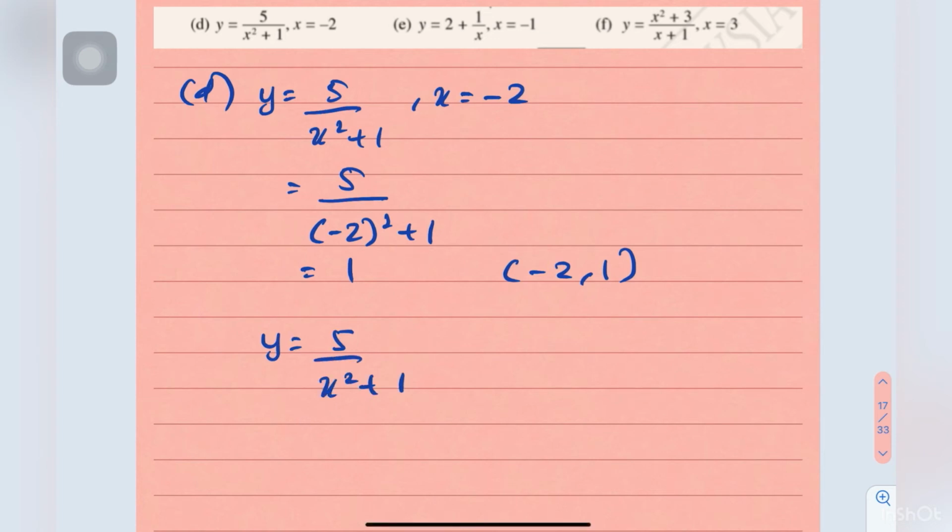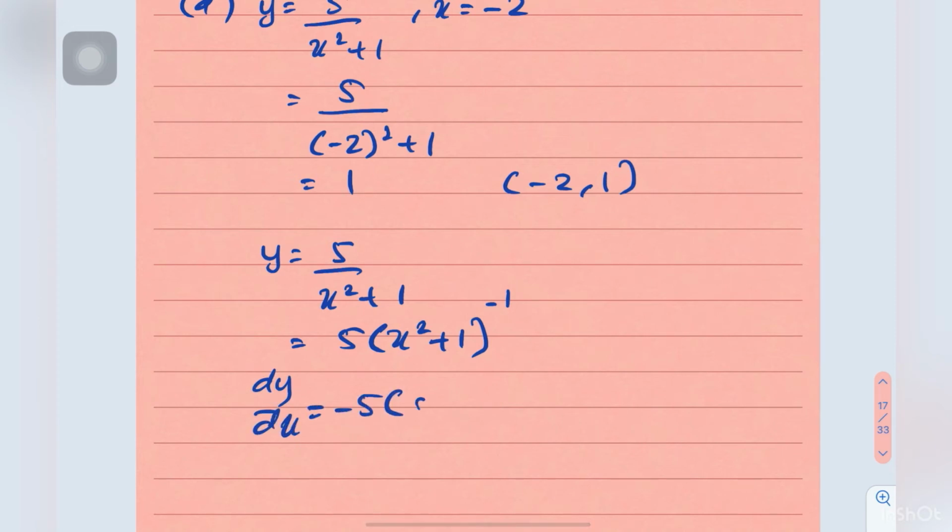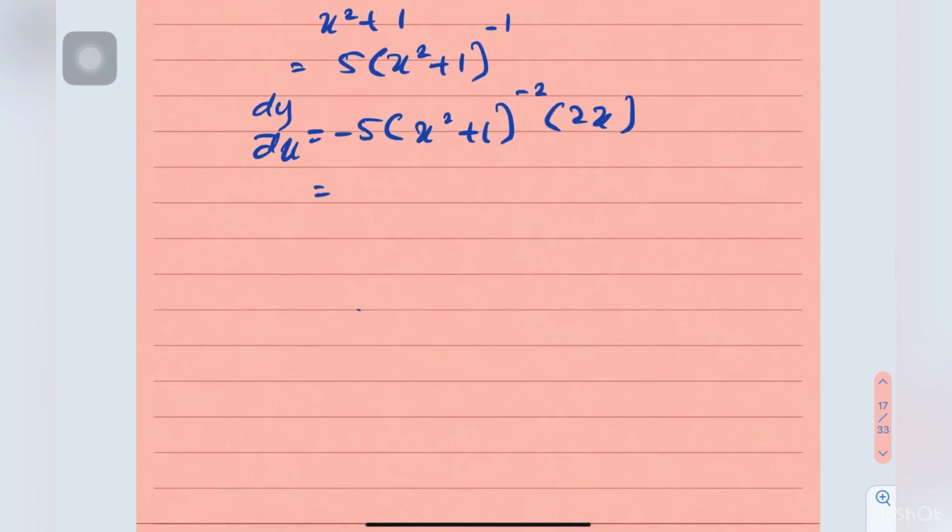So to solve this one, we can move it up, becoming 5 times (x squared plus 1) to the power of negative 1. So we can find dy/dx is negative 5 (x squared plus 1) to the power of negative 2 times 2x. Okay, so here we get negative 10x over (x squared plus 1) squared.